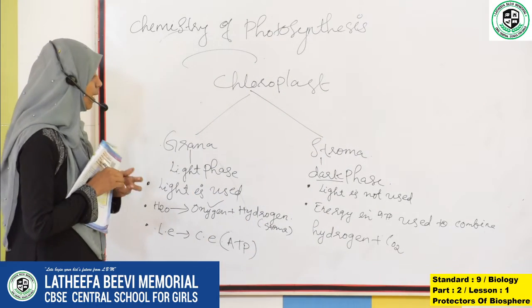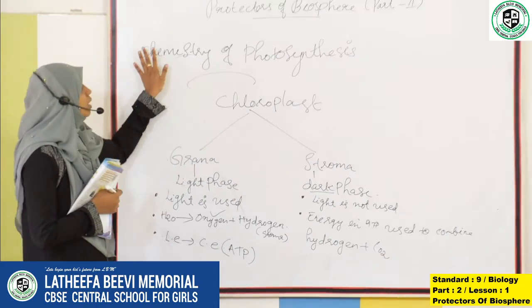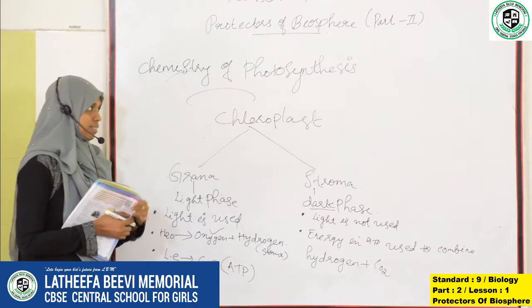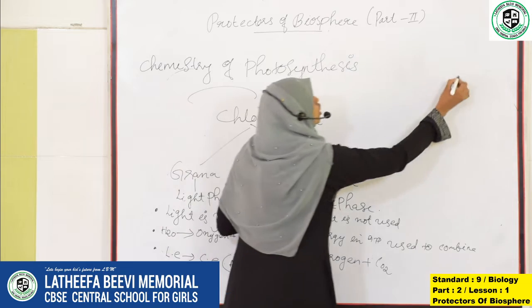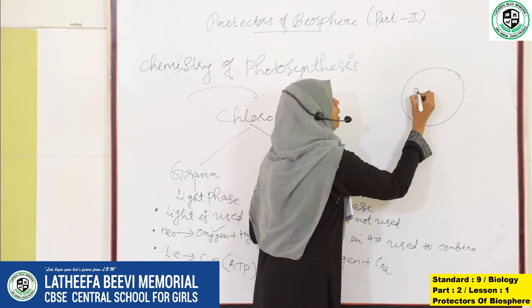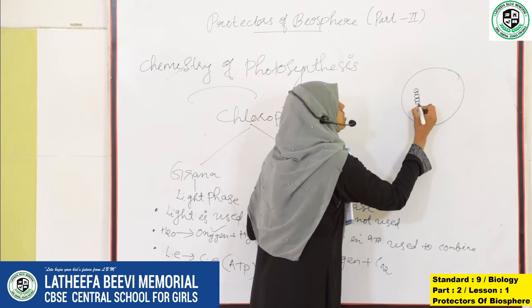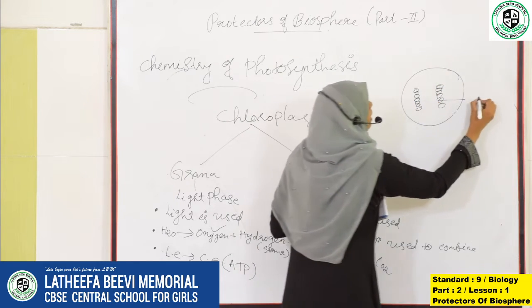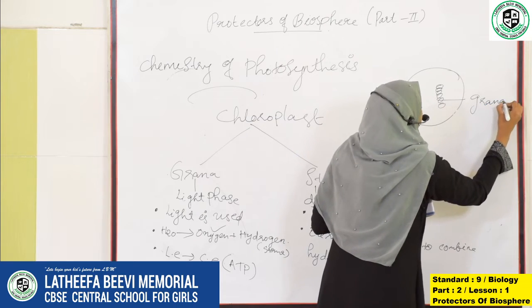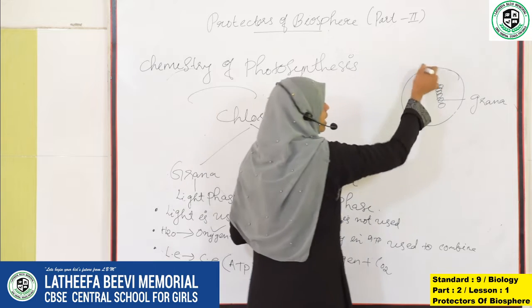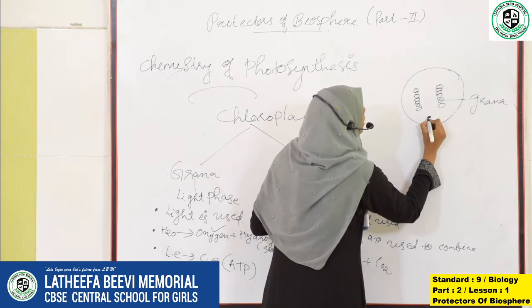Okay, do you understand? So, this is about the chloroplast. The chloroplast has two structures. Inside the chloroplast, there are brick-like structures called grana, and inside the chloroplast there is also a fluid part.